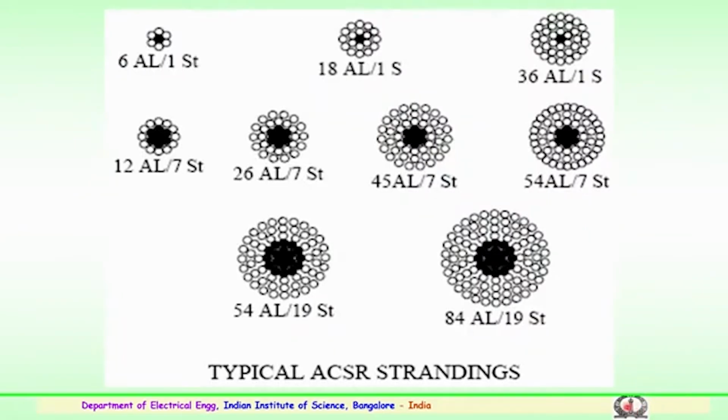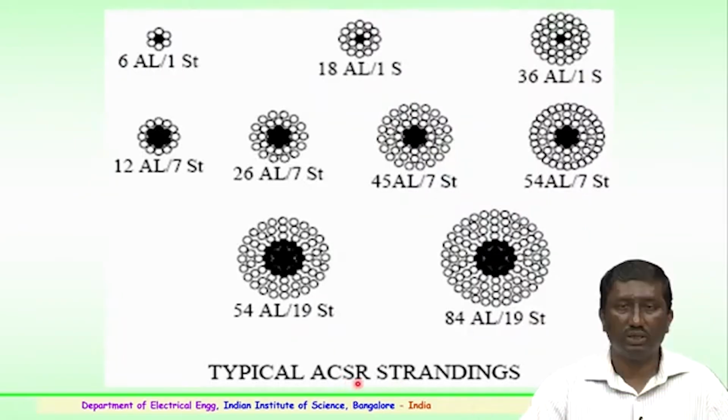So, these are the typical aluminum conductor steel reinforced strandings. You can see here 6 AL/1T; this represents that the center conductor is a single conductor of steel surrounded by 6 strands of aluminum. So, 6 AL is the 6 strands of aluminum, and the center conductor is one of steel.